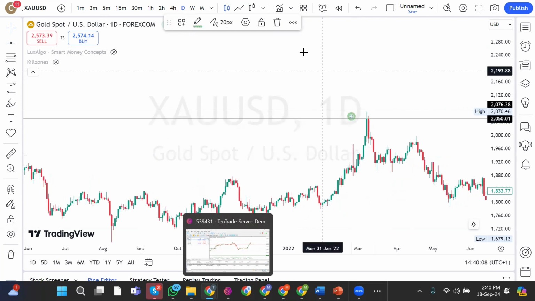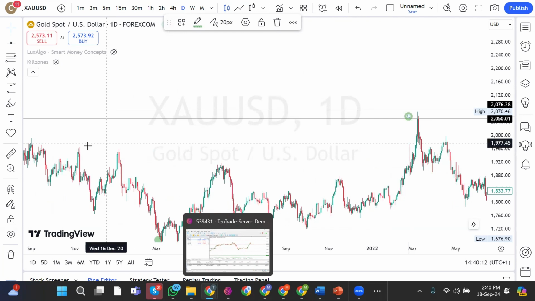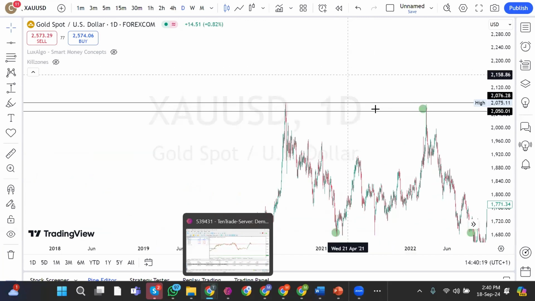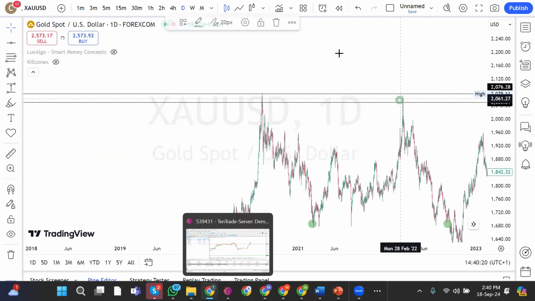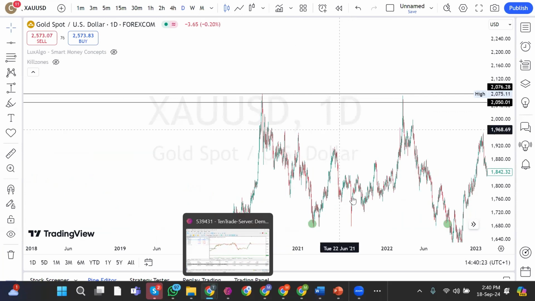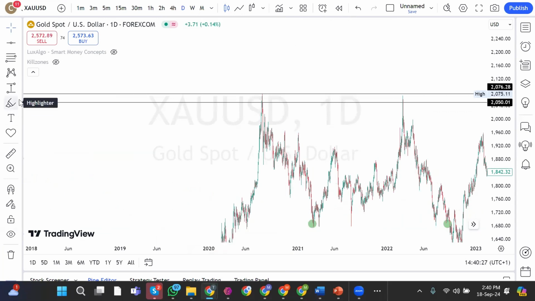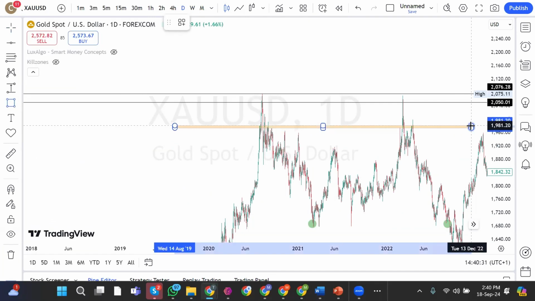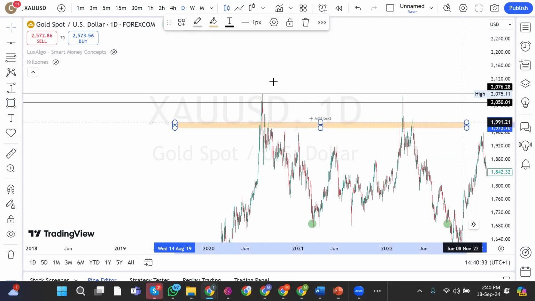You mark this and you go back to the first one and see if you captured the major zone there. Once you do this, you put a rectangle inside this zone, and that has become your area of resistance. This has become your area of resistance zone, okay?